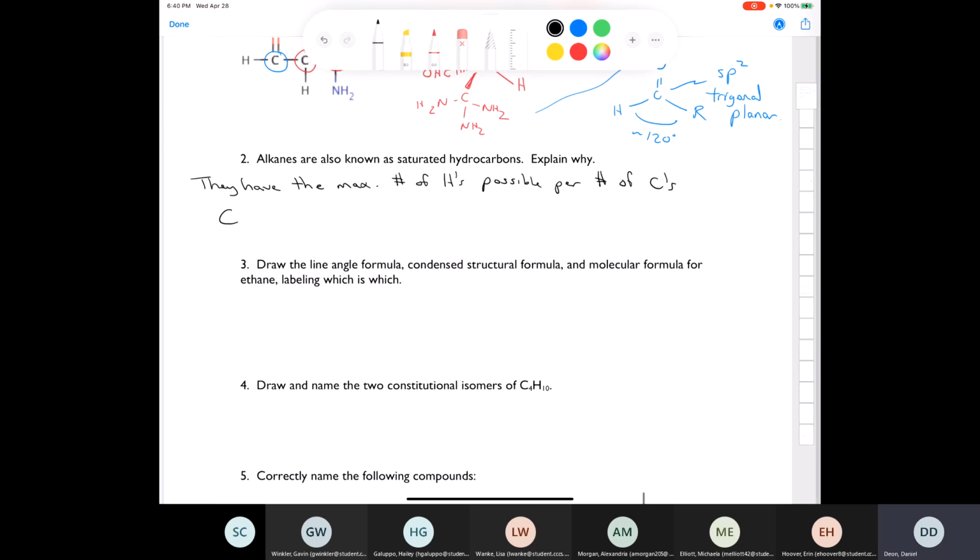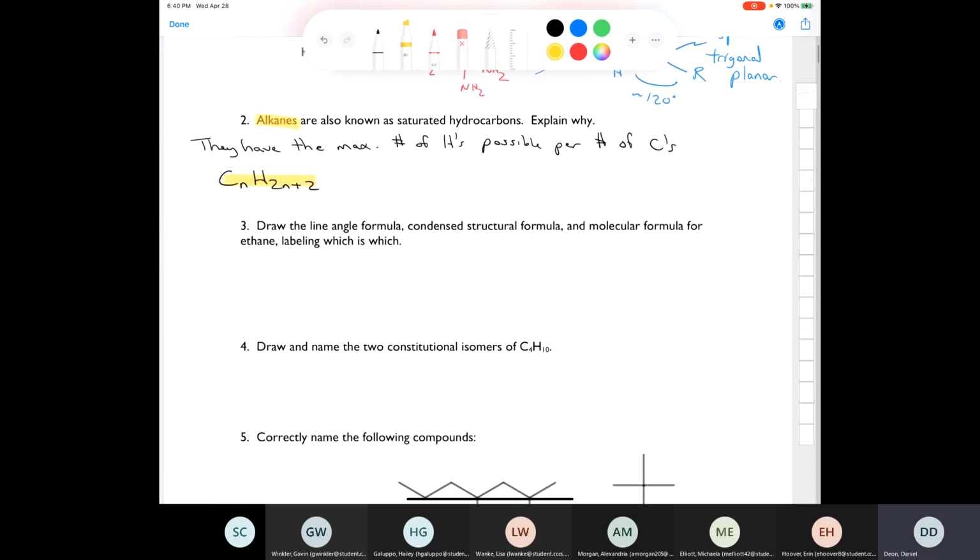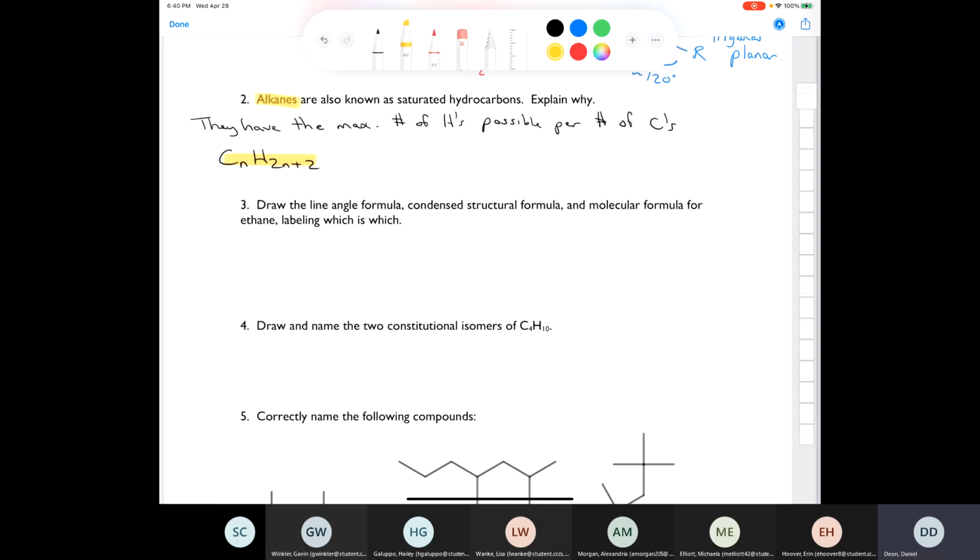Their formula is CnH2n+2. I can't have more than 2n+2 hydrogens in a molecule, and so alkanes having that formula are fully saturated.